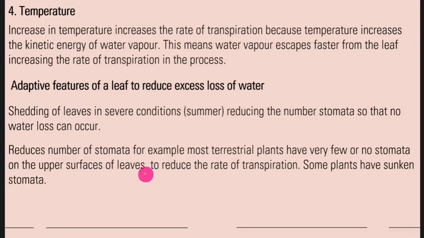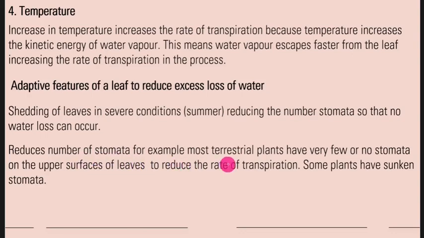They don't have a lot of stomata on their leaves. This word terrestrial means land. So those plants found on land, especially in deserts, have a reduced number of stomata on their leaves, so that there's less loss of water. Some plants have sunken stomata, meaning the stomata are very deep inside, so water does not manage to come out.